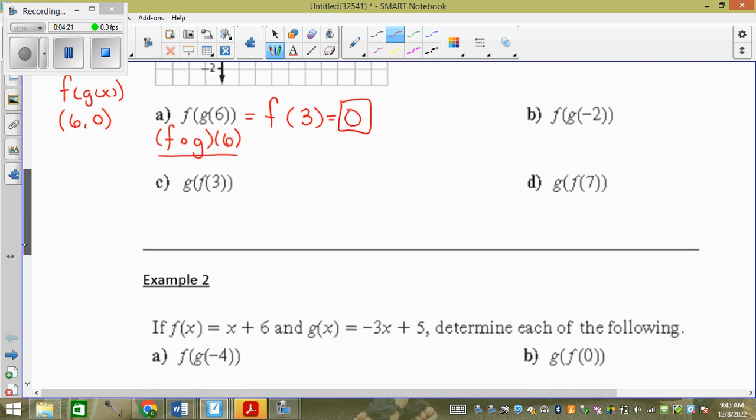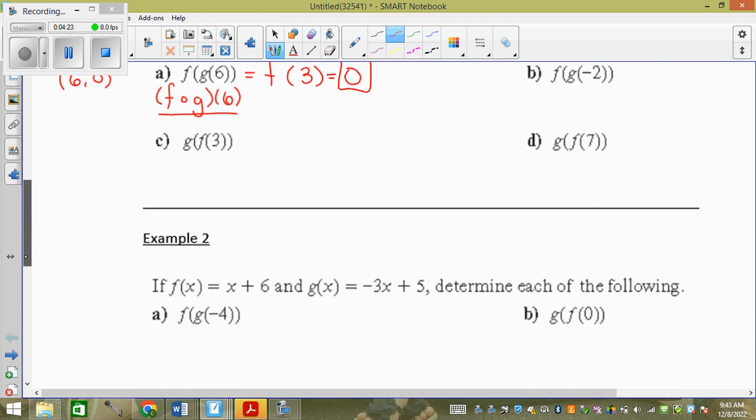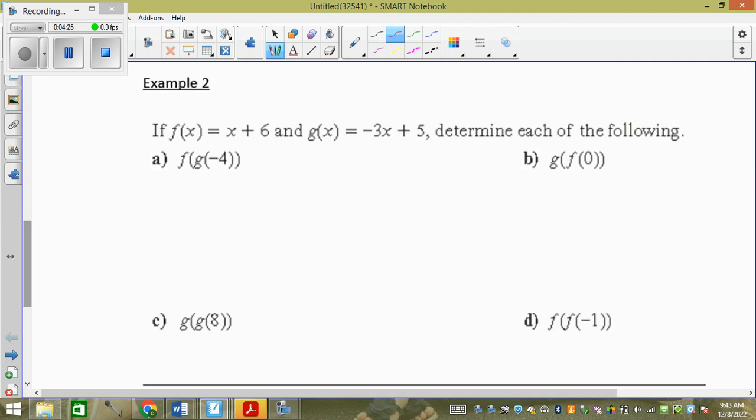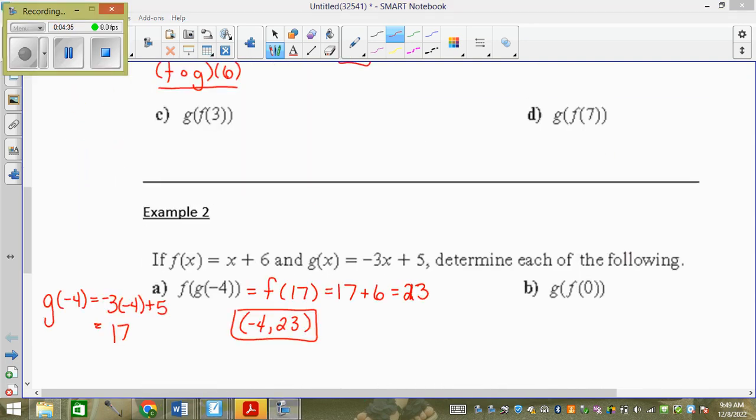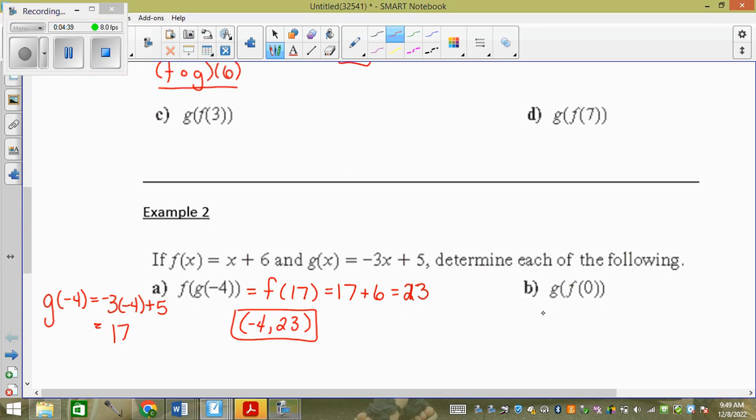So I want you guys to try B, C, D, and then what's this? Anything different? No, I just didn't give you the graph. You have to find the value. Example 1, example 2, you're trying them out. Voila. Okay, cool. So now we have g of f of 0, which is 0 plus 6, which is 6.